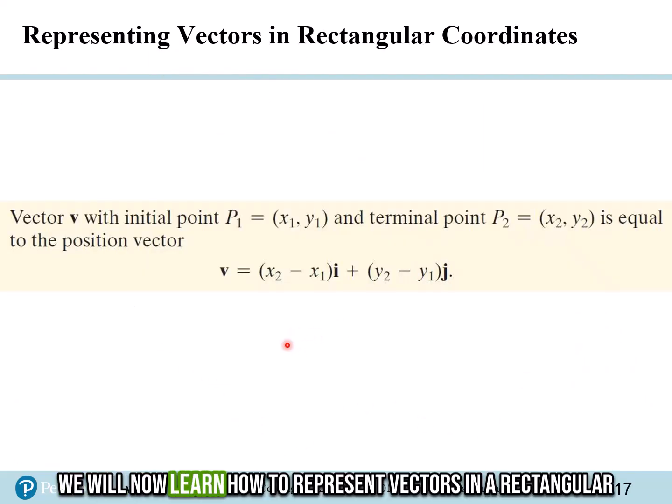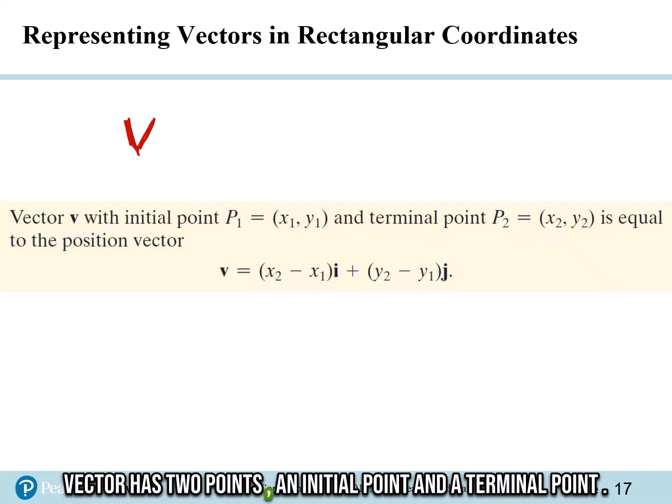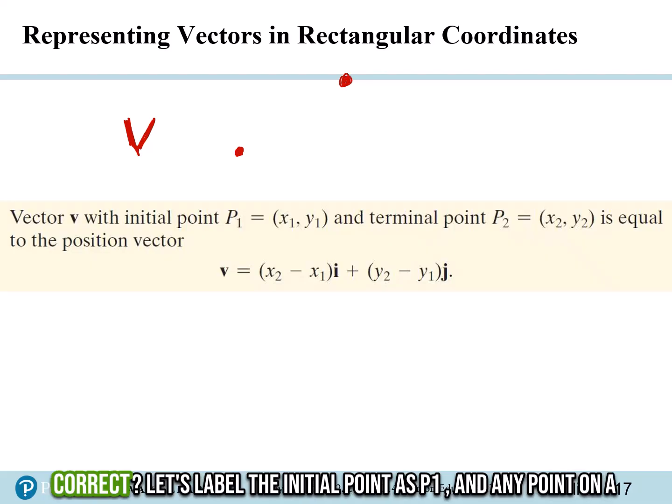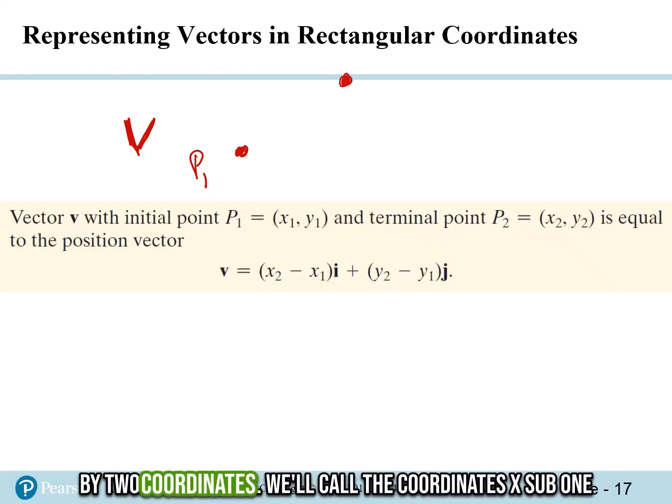We will now learn how to represent vectors in a rectangular coordinate plane. Let's assume there is a vector v, and any vector has 2 points, an initial point and a terminal point, correct? Let's label the initial point as P1, and any point on a rectangular coordinate plane is identified by 2 coordinates.